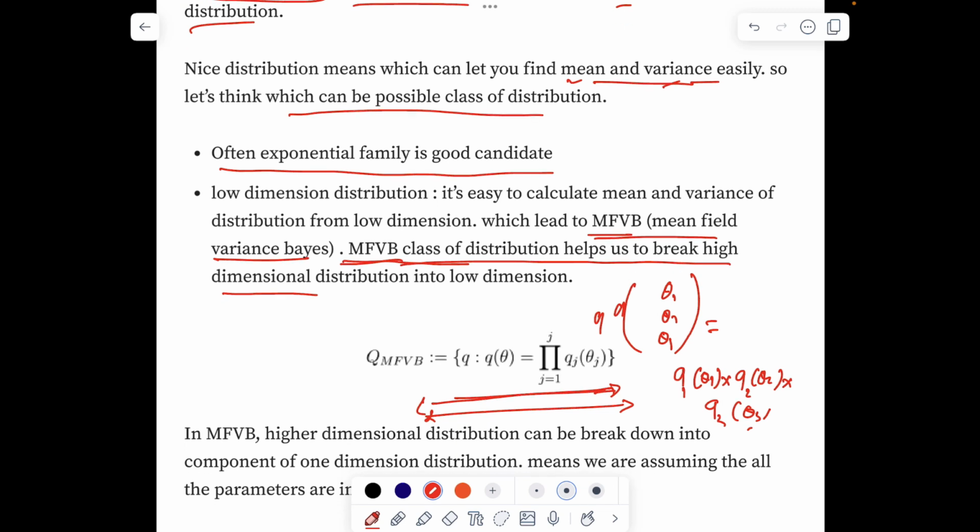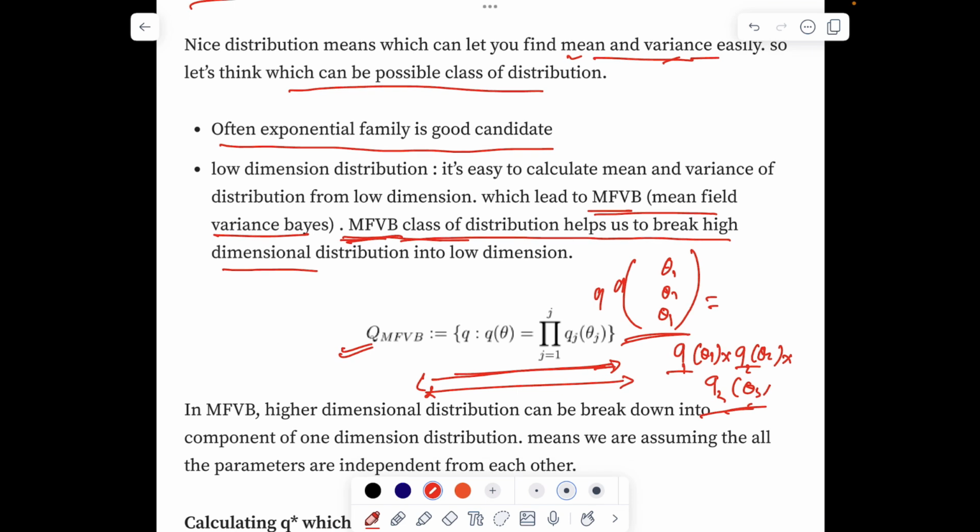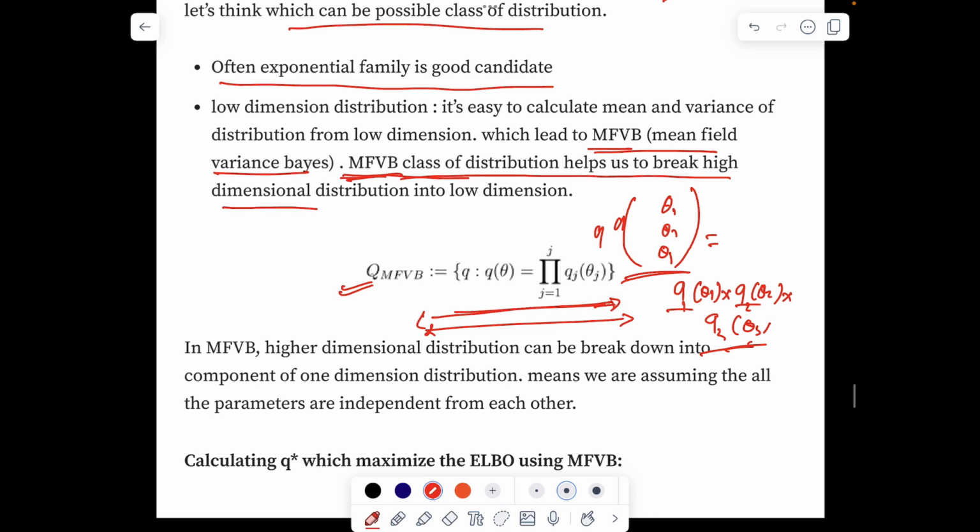So now you have a distribution in a higher dimension, and you break that distribution of higher dimension into lower dimensions. This is the concept of MFVB, mean field variational Bayes. It lets you break down the higher dimensional distribution into smaller distributions, and this class of distribution is very useful in computing variational inference.